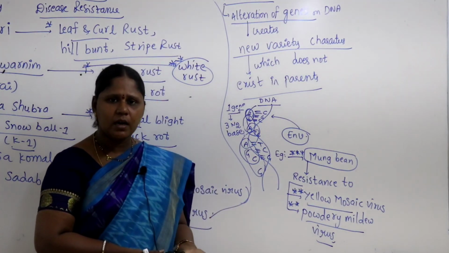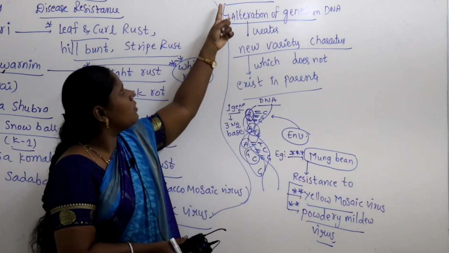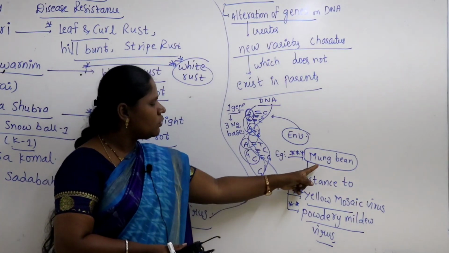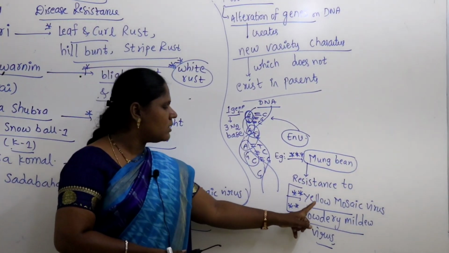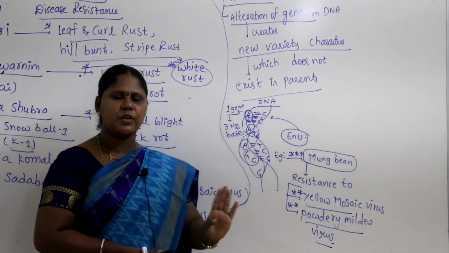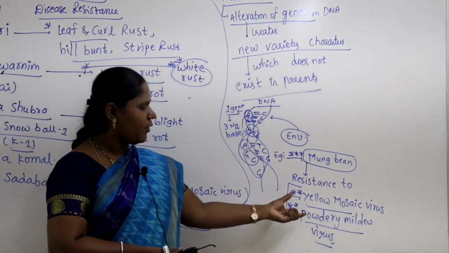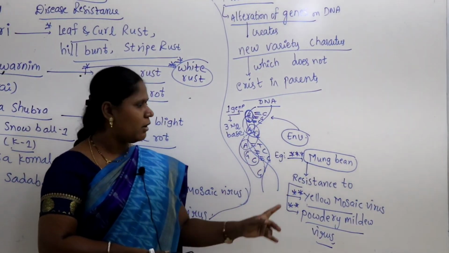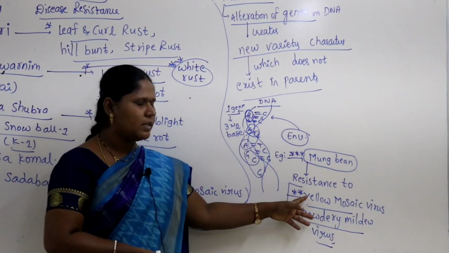Now what we have done, we created a new variety of mung bean by the process called mutational breeding. Now this new variety of mung bean shows resistance to yellow mosaic virus and powdery mildew virus, meaning it is no more affected by these two viruses. Now it is protected from these two diseases. Now the plant became highly resistant and no more suffers from these diseases.